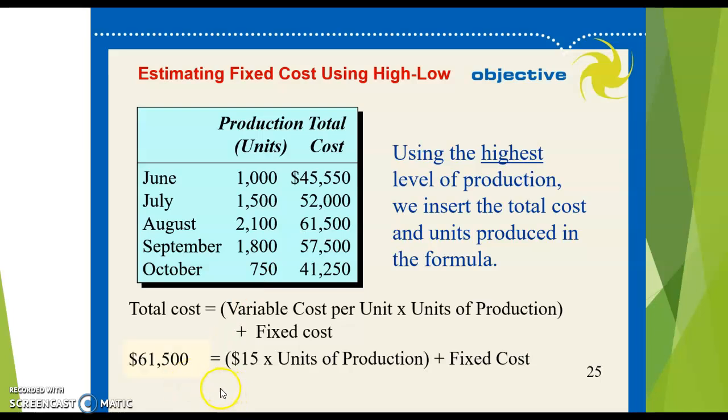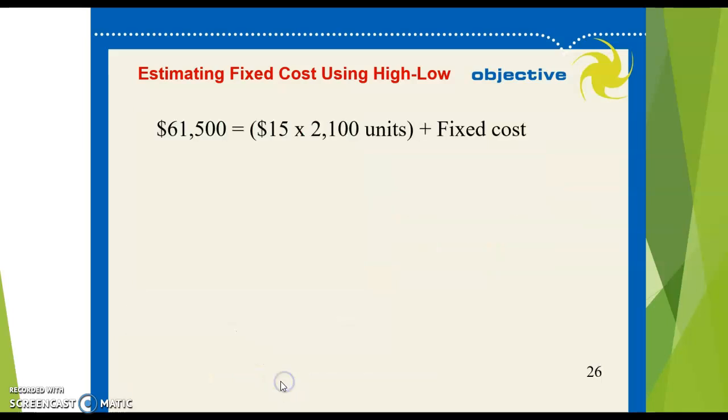Okay? So here we use the high. We took the high total cost and the number of units times the $15. So $15 times 2,100 units is 31,500. Now our equation says 61,500 equals 31,500 plus the fixed cost.